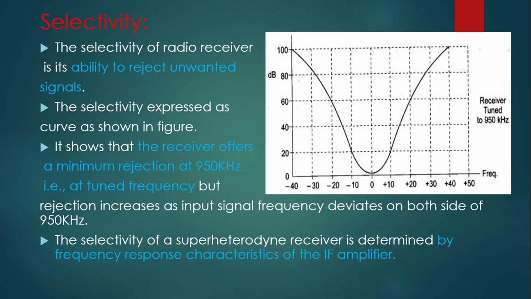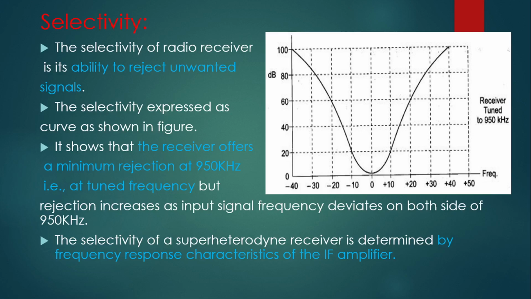As we have seen, the selectivity and sensitivity of a superheterodyne receiver are determined by the frequency response characteristics. So, sensitivity, selectivity, and here the third one, that is fidelity.